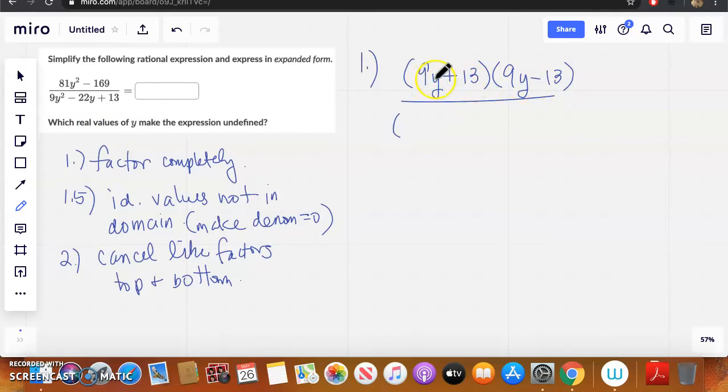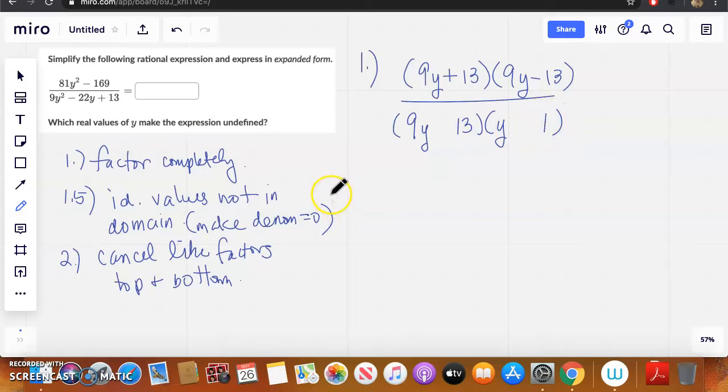If you look on the top, they both have 9y, so it's a pretty good guess that one of them is going to have 9y and the other one's just going to have y. And it's also a pretty good guess that since the middle term is negative 22 and the last term is 13, if you work this out a little bit, it's going to be 13 and 1.